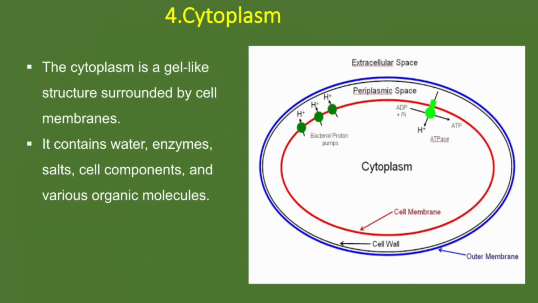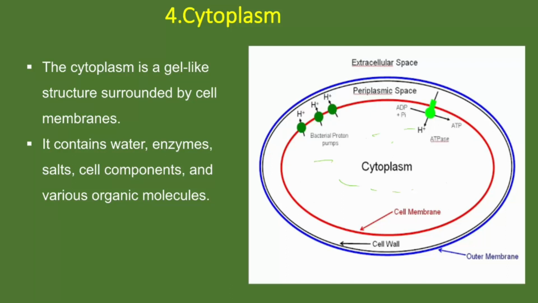Now coming to the fourth point, that is the cytoplasm. Next to the cell membrane we will see there is cytoplasm in the cell. The cytoplasm is a gel-like structure surrounded by the cell membrane. All this portion is known as cytoplasm, and it is surrounded by the plasma membrane and then the cell wall and the periplasm.